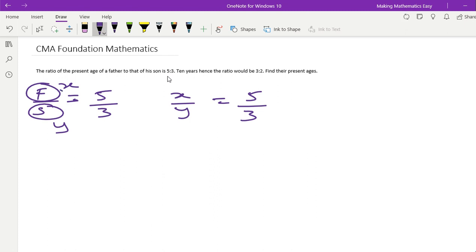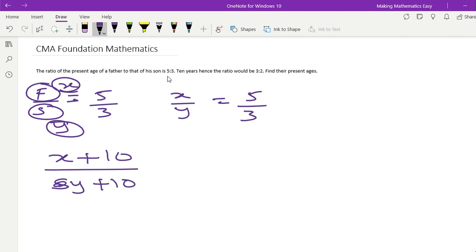So if the present age of father is x and the present age of son is y, the age of father after 10 years would be x plus 10, today's age plus 10 years, and that of son's age would be son's present age, which is y plus 10. And what they have given is that 10 years hence the ratio would be 3:2. So the ratio of father and son after 10 years would be 3/2.